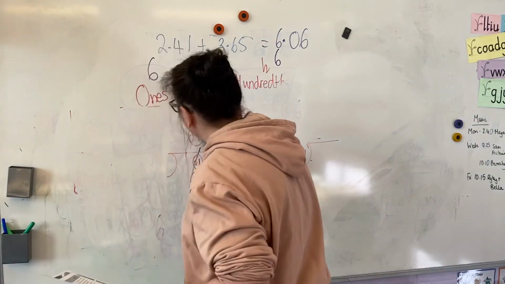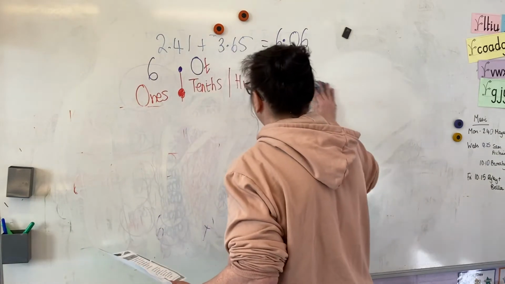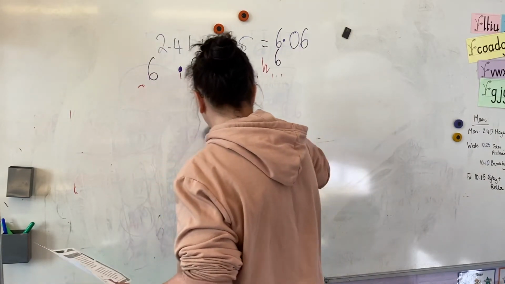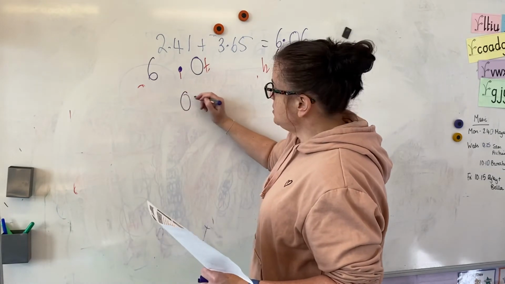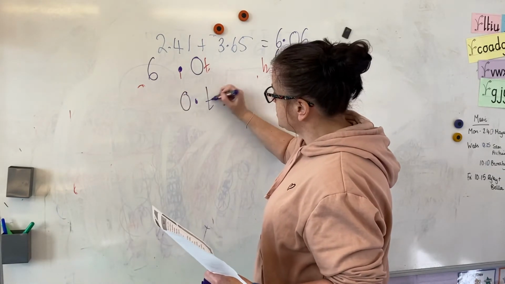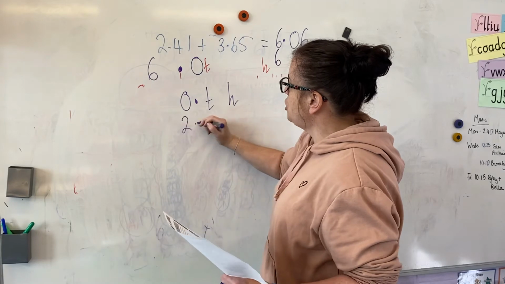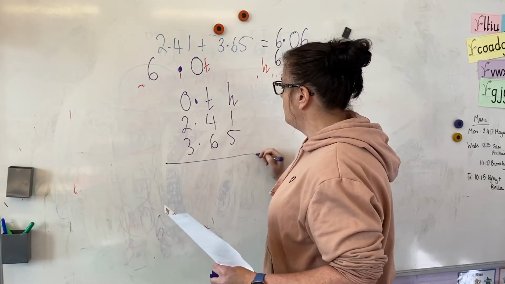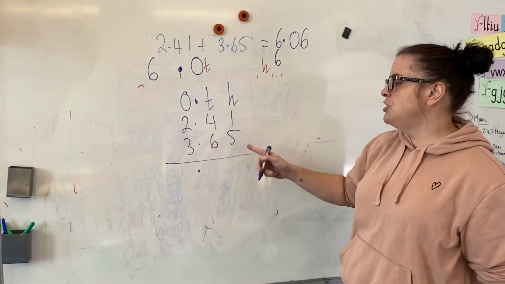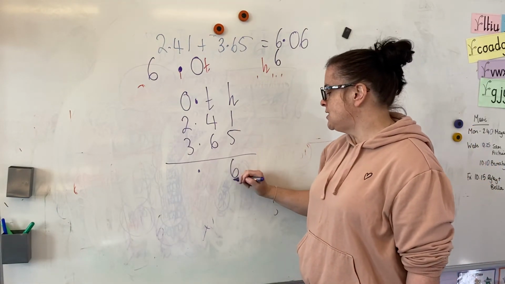Now our abstract is exactly the same as what we've just done, using our place value columns. So I've got my ones, my tenths, and my hundredths. 2.41 add 3.65. Again, 1/100th add 5/100th is 6/100ths.